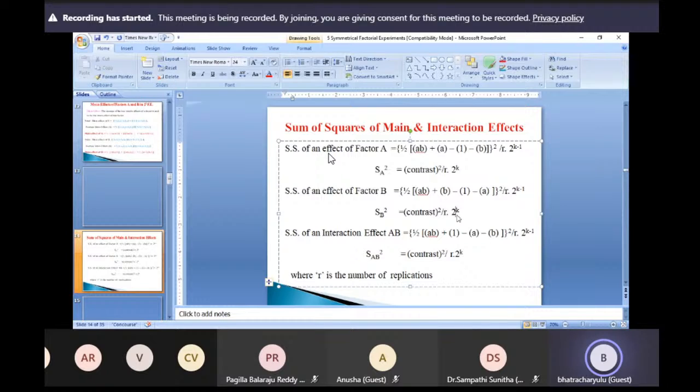So simply you can write 2 because it is a 2 square factorial experiment. SA square that I am calculating, this you can write as 2.